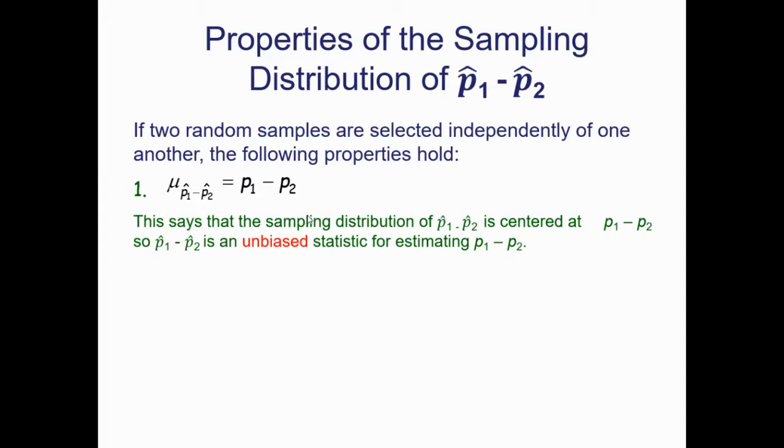This is saying that we have an unbiased statistic for estimating the true difference in the population proportions. Also, sigma is equal to this lovely beast that we won't even get to use. We're going to have to use a different beast.